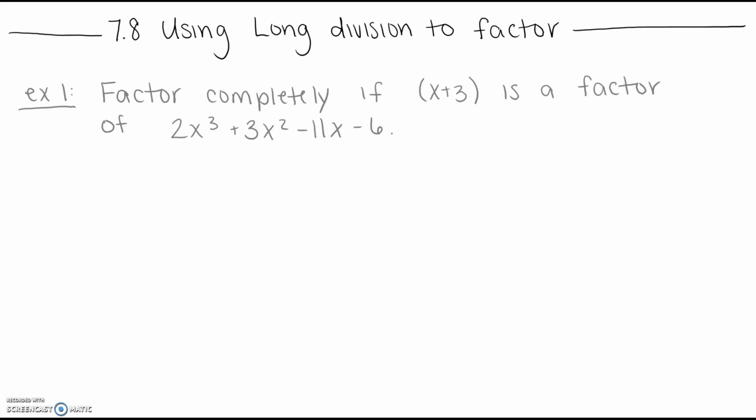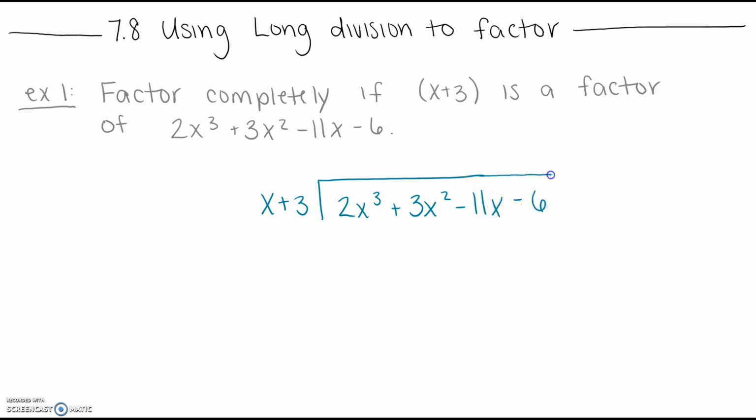So we're going to start by using long division. So x plus 3 goes into 2x cubed plus 3x squared minus 11x minus 6. And now we divide like we normally do, so what times x will give us 2x cubed? So 2x squared.